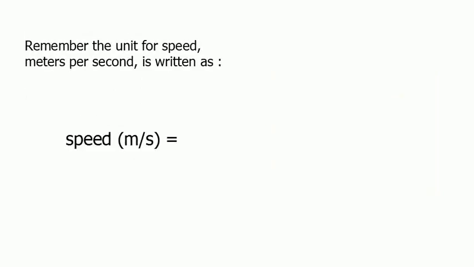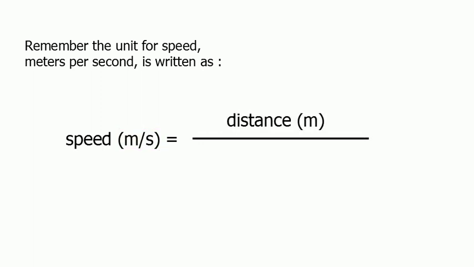Remember the unit for speed, meters per second, is written as meters over seconds. To calculate speed, you divide the distance you've travelled by the time it took to travel that distance. So we write that equation as distance over time.